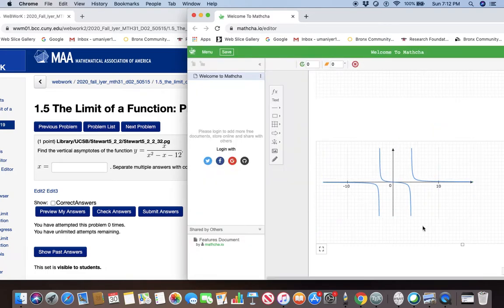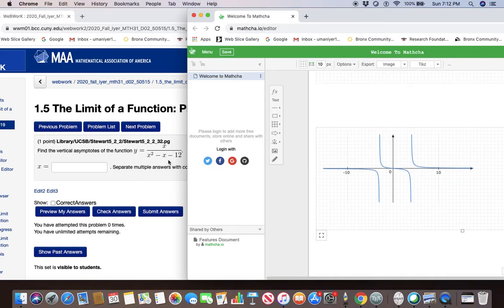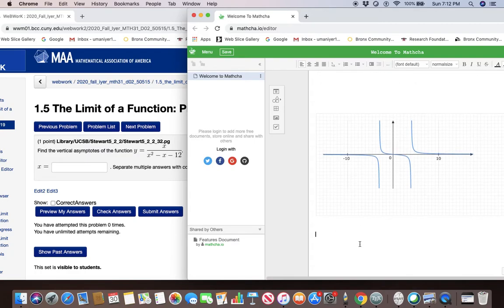The question is, what are their values? Their values will be when the denominator is 0, when x squared minus x minus 12 is 0. If you factor it, it is x minus 4 times x plus 3.